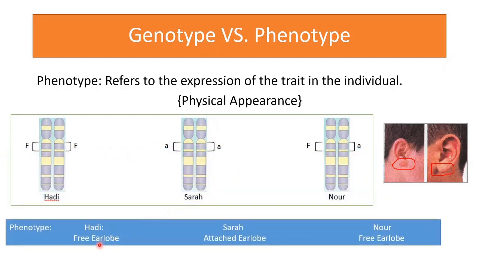So here I determine the phenotype of Hadi, Sarah, and Noor, and I can write it like this: free earlobe, attached earlobe, and again for Noor, free earlobe. This is about genotype and phenotype. So we can say that a genotype is the real genes or alleles carried on the genes on the homologous chromosome for this individual, whereas the phenotype is how this trait appears, expressed in this individual.